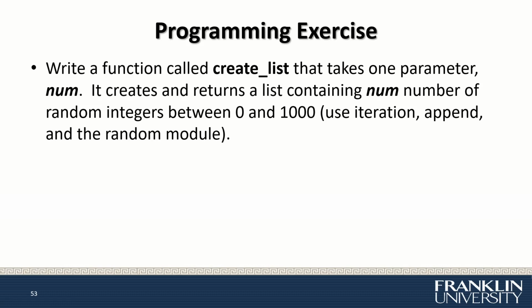Write a function called create underscore list that takes one parameter, num. It creates and returns a list containing num number of random integers between 0 and 1000. Use iteration, append, and the random module. So let's try this here in Python.